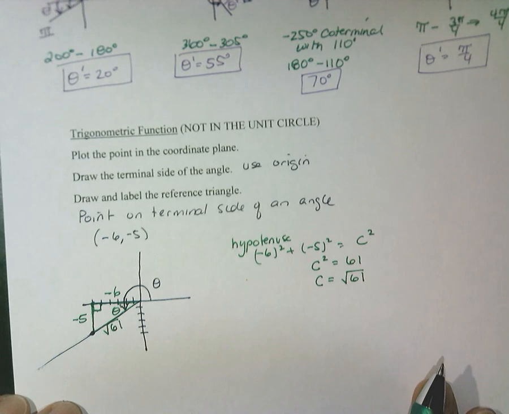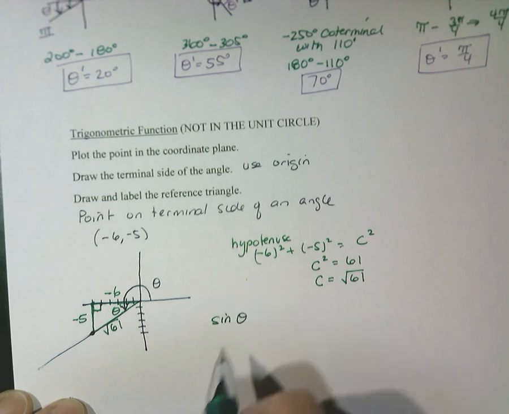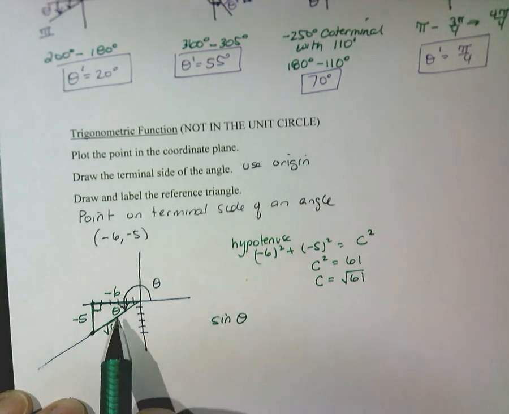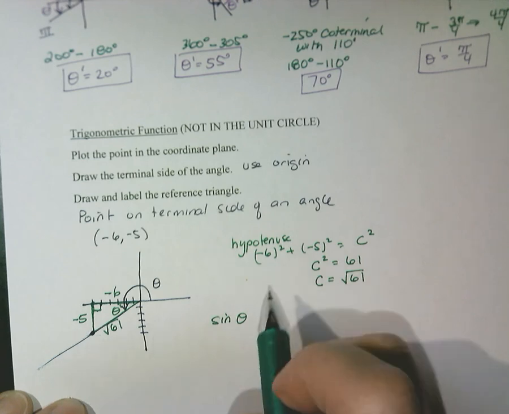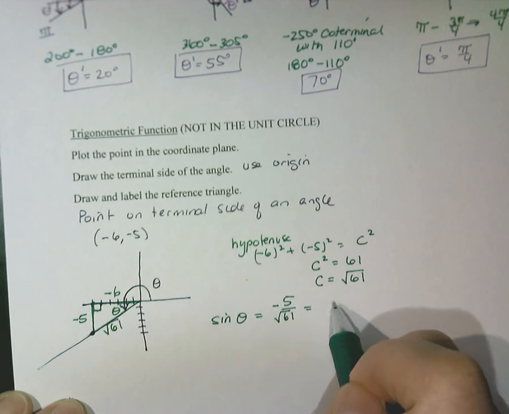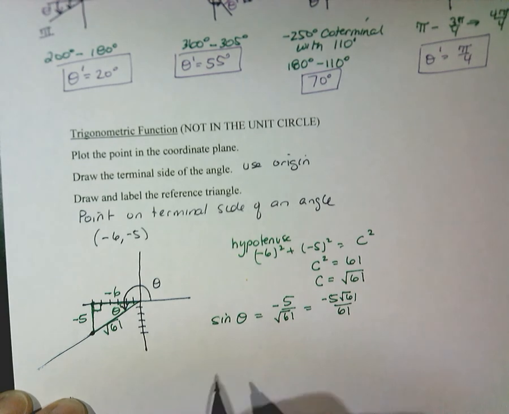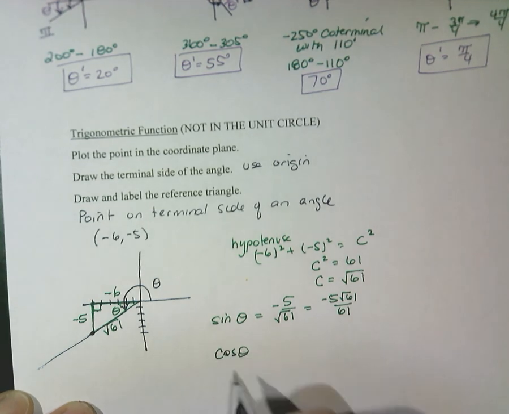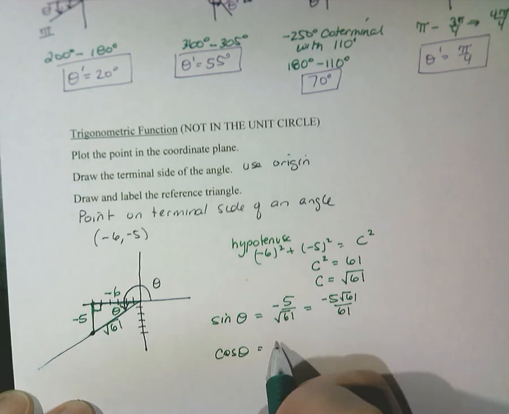Then I can actually find my 6 trigonometric ratios. So the first one I'm going to find, I always find sine first. So sine of theta is the same thing as sine of theta prime. It's going to be opposite over hypotenuse. And rationalize the denominator. Cosine of theta is adjacent over hypotenuse.